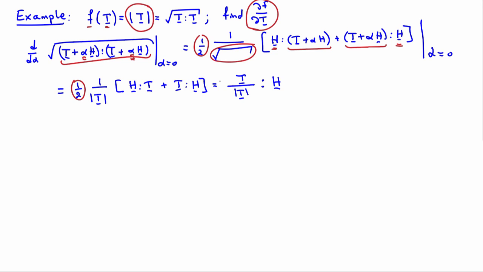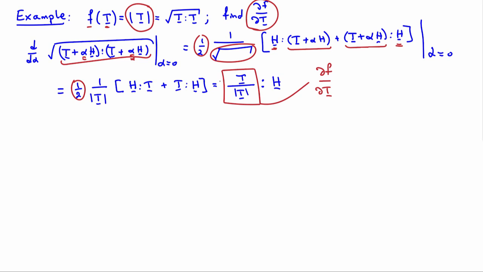And I'm going to end up with t divided by the norm of t double contracted with h. So you can see I've already isolated out the h with a double contraction, and so what I have in front of the double contraction of h is the tensor t divided by the norm of t, and I identify that as the derivative of f with respect to t.